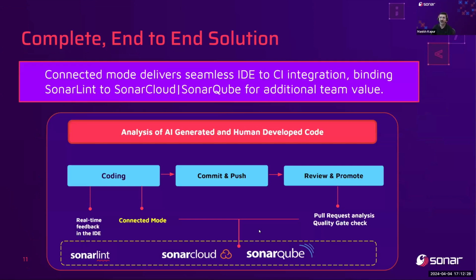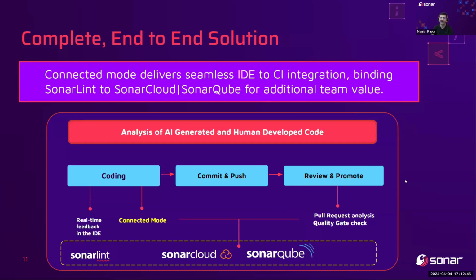So basically, when you're coding and you're connected to SonarCloud or SonarQube, you are in connected mode. What that means is SonarQube analysis and SonarCloud are in sync with SonarLint in your IDE.